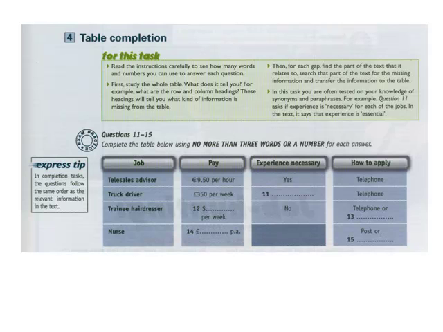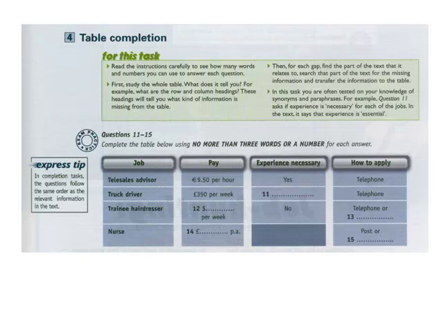The rows are labeled telesales advisor, truck driver, trainee hairdresser, and nurse. Now if we look across the row for telesales advisor, we see that the pay is €9.50 per hour. There is experience necessary, and applications are made by telephone.